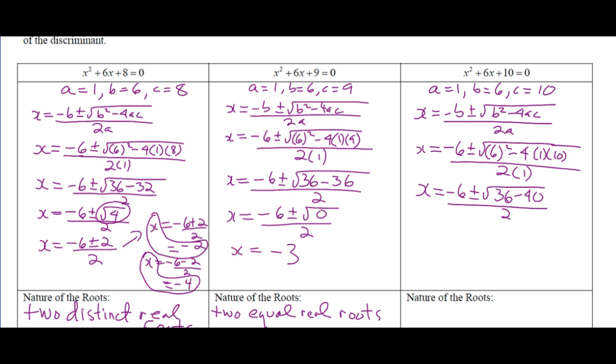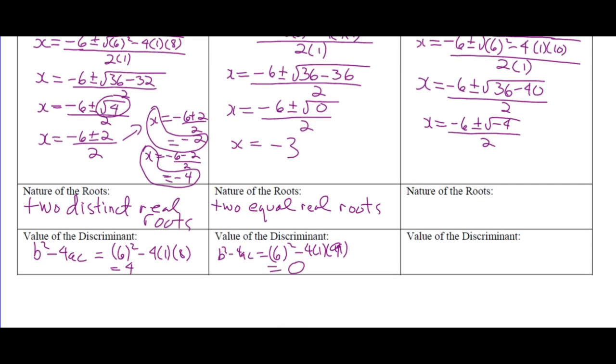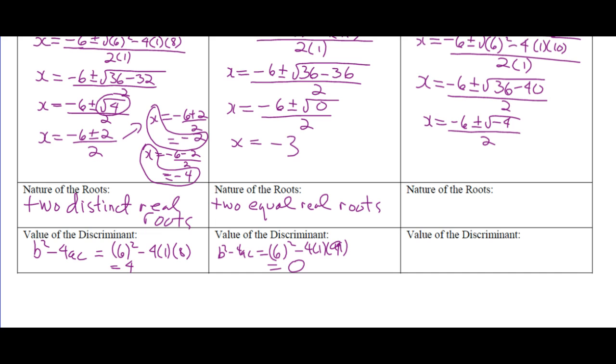Now the fraction bar extends all the way. Don't be sloppy. Negative 6 plus or minus the root of negative 4 over 2. All right, what's the problem with the root of negative 4? It doesn't exist, right? You can't do it. So what kind of roots do we have? 2 non-real roots, because I can't work these out.